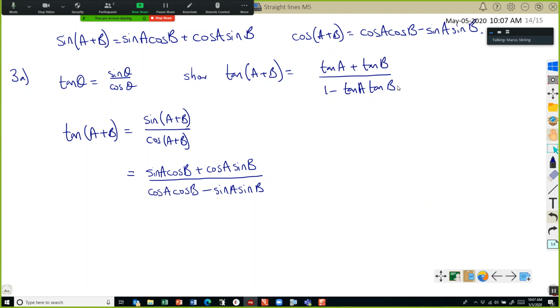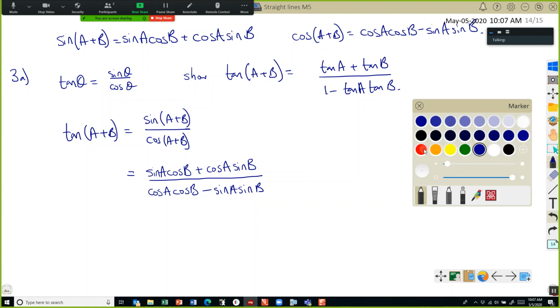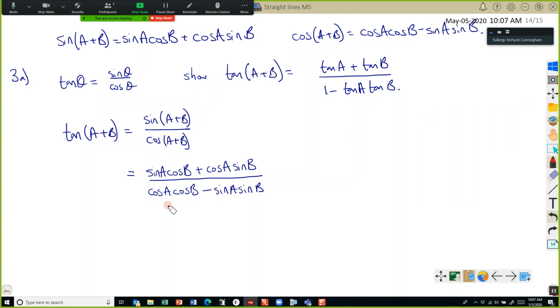The thing that I'm noticing here is I've got a 1 here, and I've got a cos A, cos B here. How could I turn this cos A, cos B into a 1? What would I divide by?